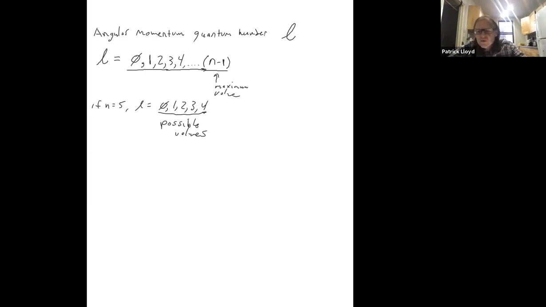Now, the angular momentum is related to essentially what the orbital looks like. If you change the shape of an atomic orbital, its angular momentum changes. So we have several different shapes. The first one is the case we're familiar with. We called that the S orbital, so that's the shape.